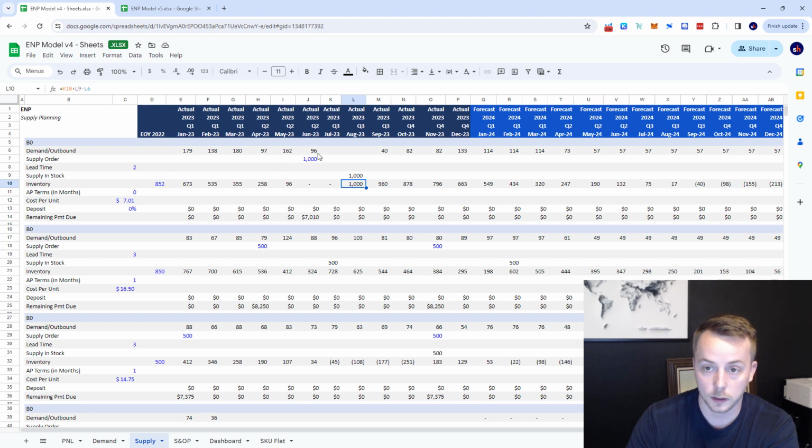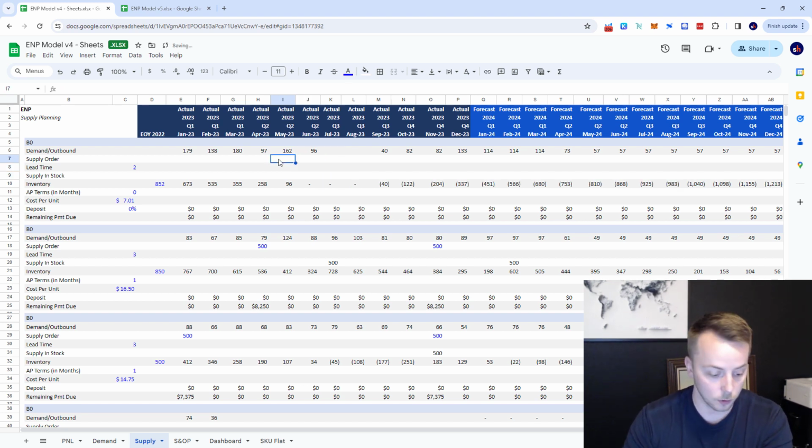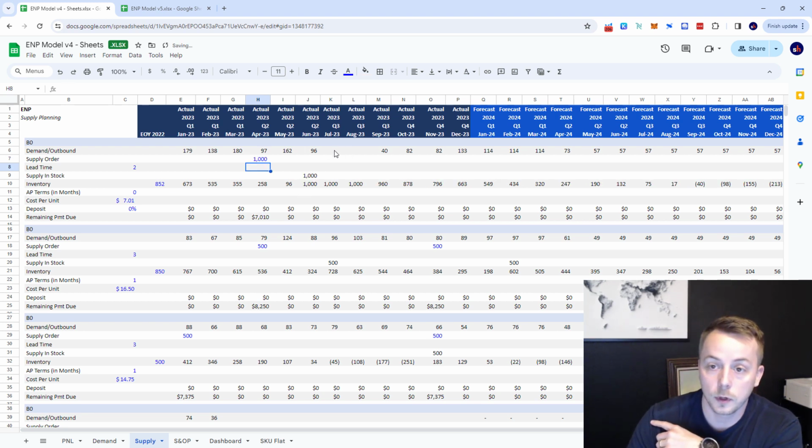So 852 got us to here, and so then we have a gap month where we don't have any units, right? So this is saying what we should do is actually have ordered 1,000 units in one of these months, so that way we never run out of inventory, which is what happened here, and inventory would have filled this demand moving forward. And what it tells you as well is your AP terms, so the payment terms of your order.